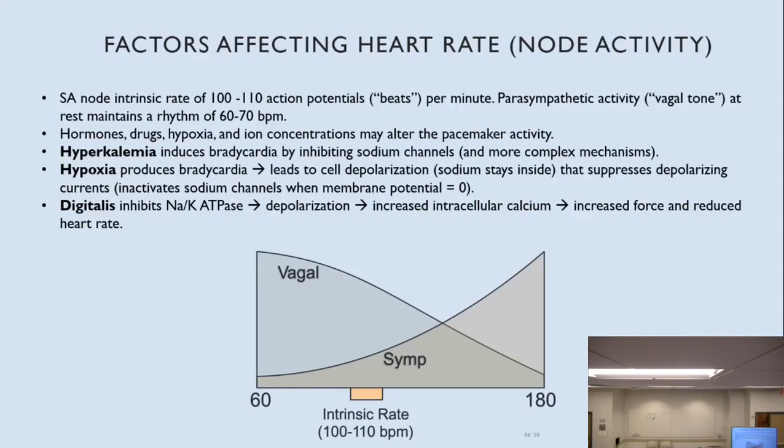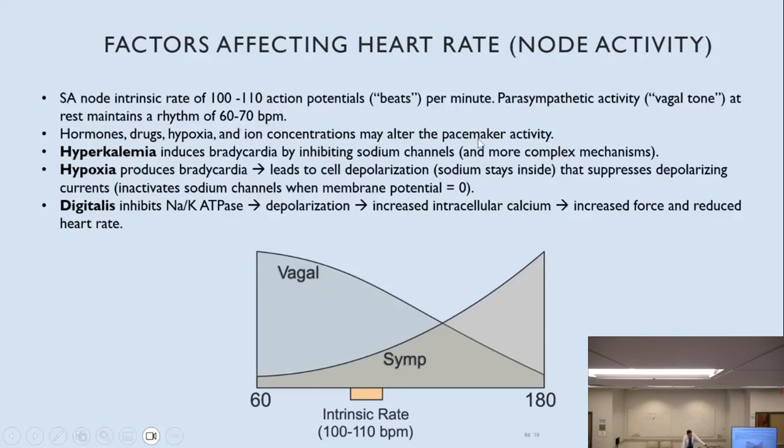Okay, the SA node has an intrinsic rhythm. It's around 100 per minute. That's different in every person. Parasympathetic lowers the rhythm, is what maintains our heart rate as we consider normal, below 100. Okay, from 60 to 70 average person.